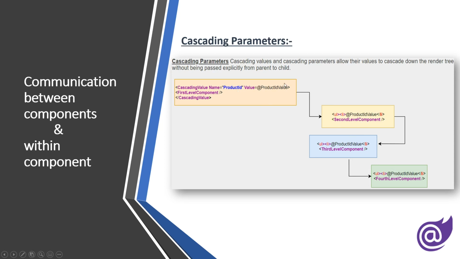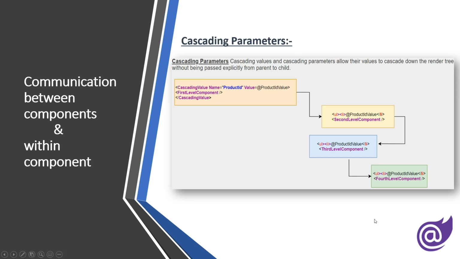No need to call each component one by one. This is a very good feature to pass values. Suppose a multi-level, multi-hierarchical data object is there. If you are binding it with a hierarchical grid, this is very useful. If you change the value at the parent level, all the child components will be refreshed.